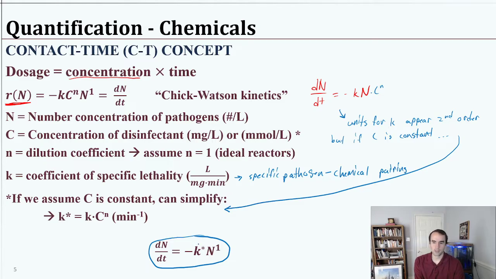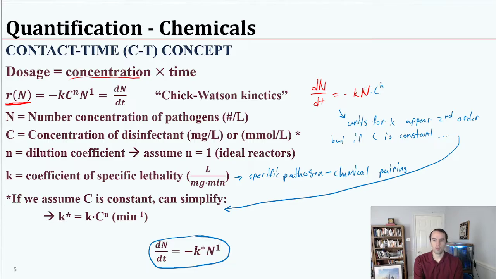First order reaction, rate constant with first order units. So all of that should come back to what we knew and what we've worked with in the first place, but there's just a little bit of added complexity here in dealing with the concentration in addition to the rate constant.